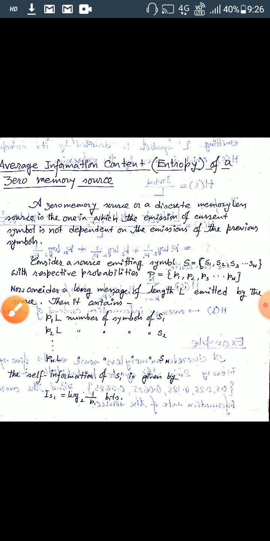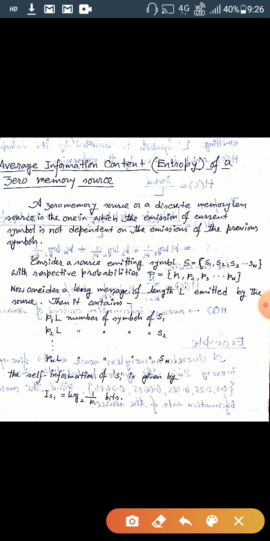From the previous day's class, we already know the self information for a symbol. For the S1 symbol, the self information in the unit of bit is I1 equals log base 2 of 1 by P1, where P1 is the probability for S1, and 2 is used because we are interested to calculate the self information in the unit of bit.